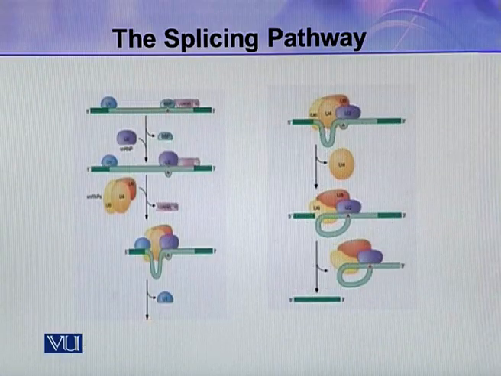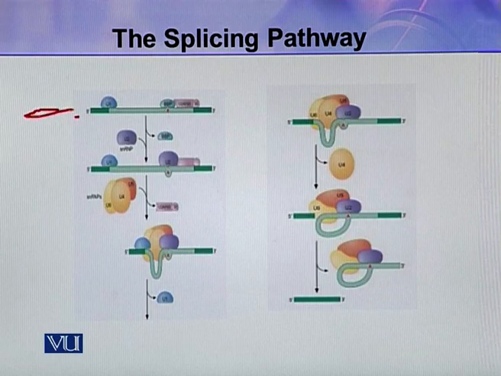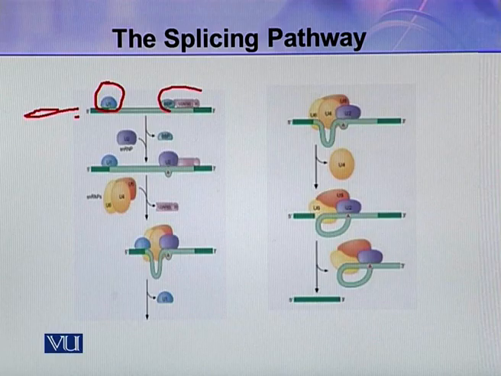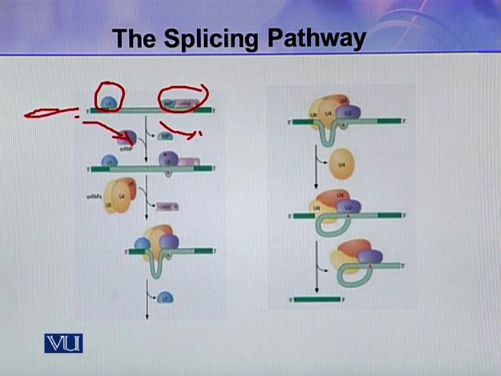So this is the pathway, and you can see here this is pre-mRNA, then one SNRP is attached, then another, and one is removed, another one enters, then these two are present, and then this is a smaller group of proteins.